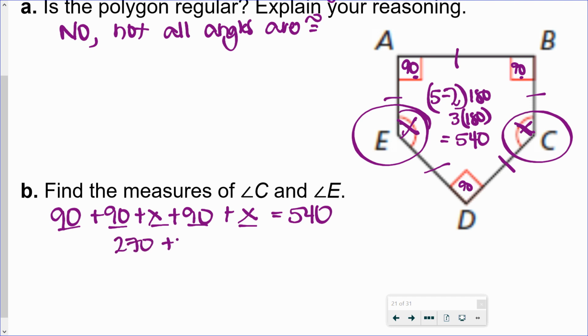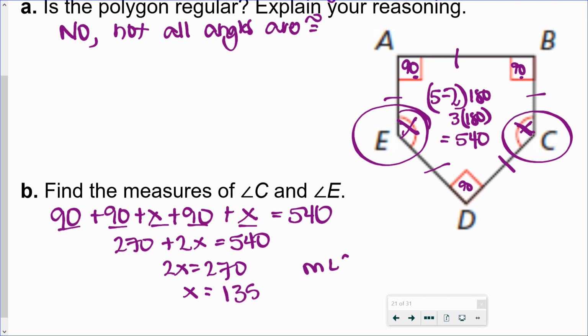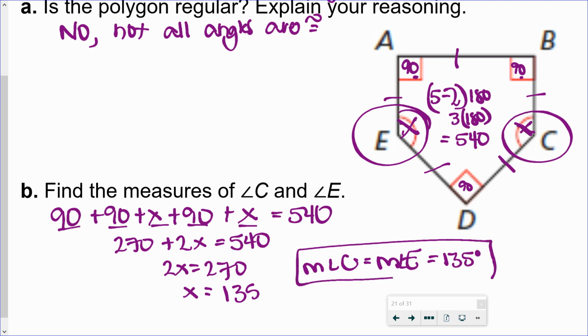And then x plus x is 2x. Subtract 270. And then divide by 2, and you get 135. And this is the measure of angle C, which is also equal to the measure of angle E, which is equal to 135 degrees.